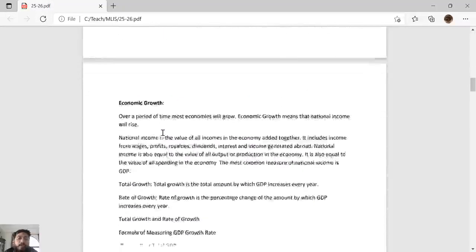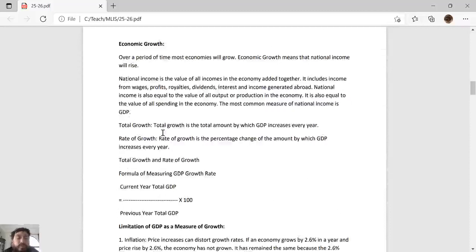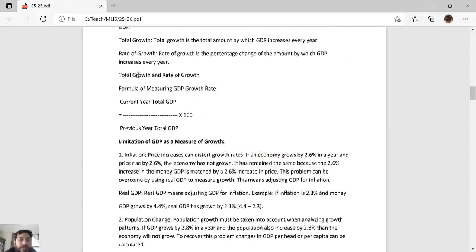So let's focus on economic growth. This is one of the most important macroeconomic objectives. We already talked about GDP.